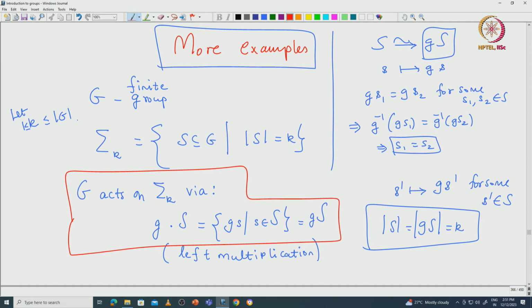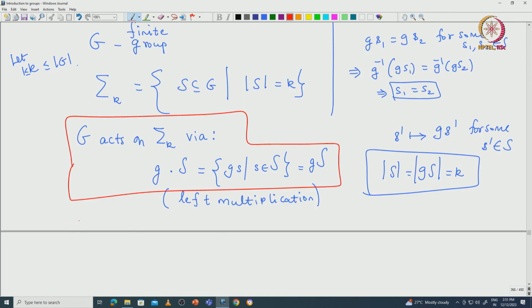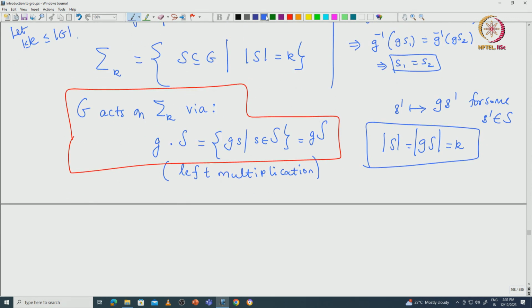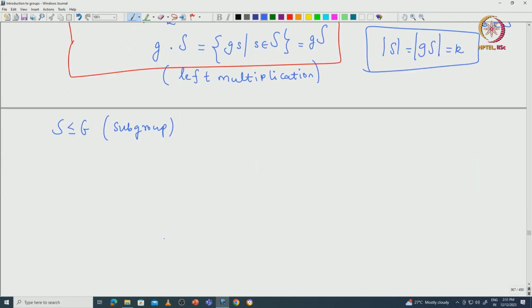Okay, let's try to understand this action more closely. Let us start with a subgroup S of G. So then what will happen to the orbit? This S is definitely an element of sigma k, so one can look at the orbit.